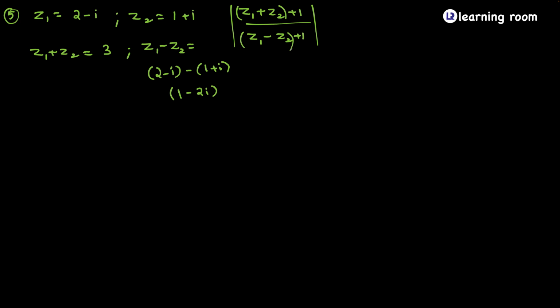Okay. So there is going to be modulus of 3 plus 1 is 4 divided by 1 minus 2i plus 1. So it is going to be 2 minus 2i. Right. If you take the 2 outside, it will be 2 divided by 1 minus i inside a modulus.